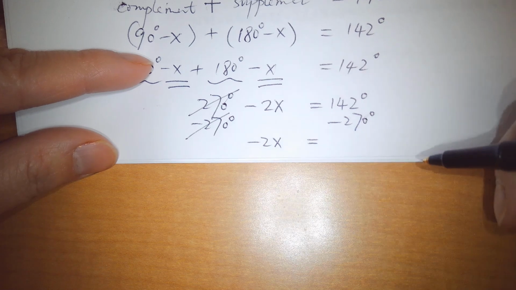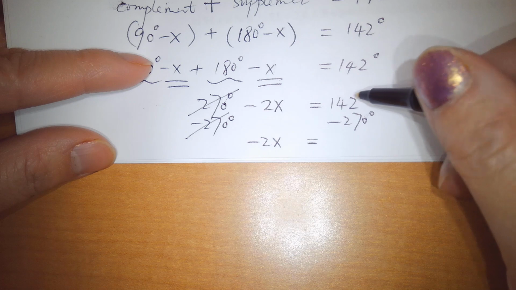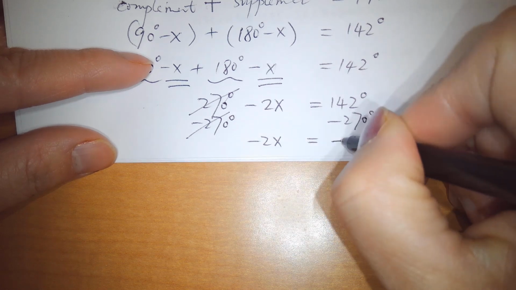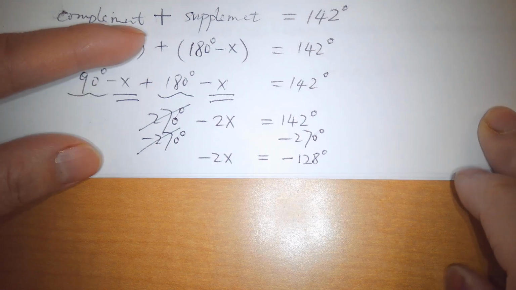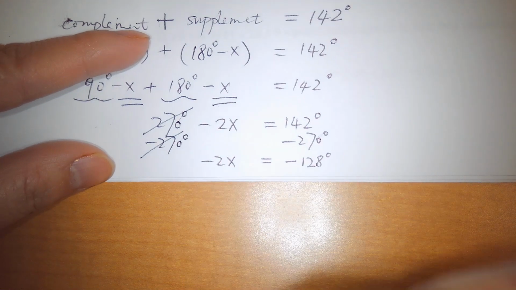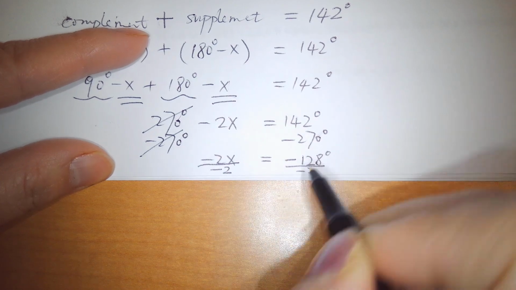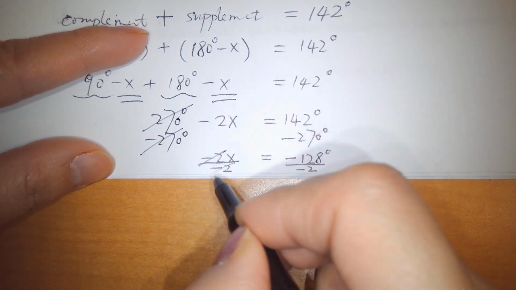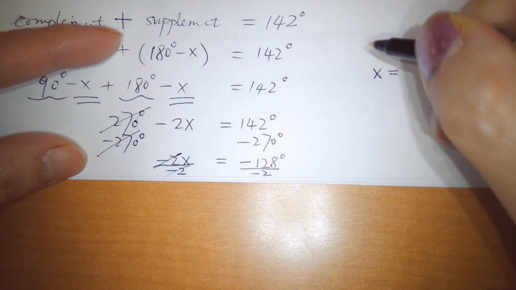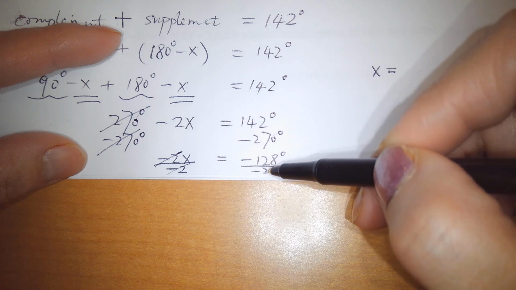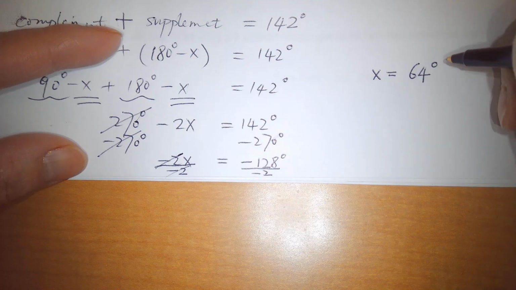Positive 128 or negative 128? 142 minus 270 gives us negative 128 degrees. Well, in order to solve for x, how? Divide by negative 2. Yeah, you're right. So x will equal what? 64. Negative 128 divided by negative 2 gives us 64 degrees.